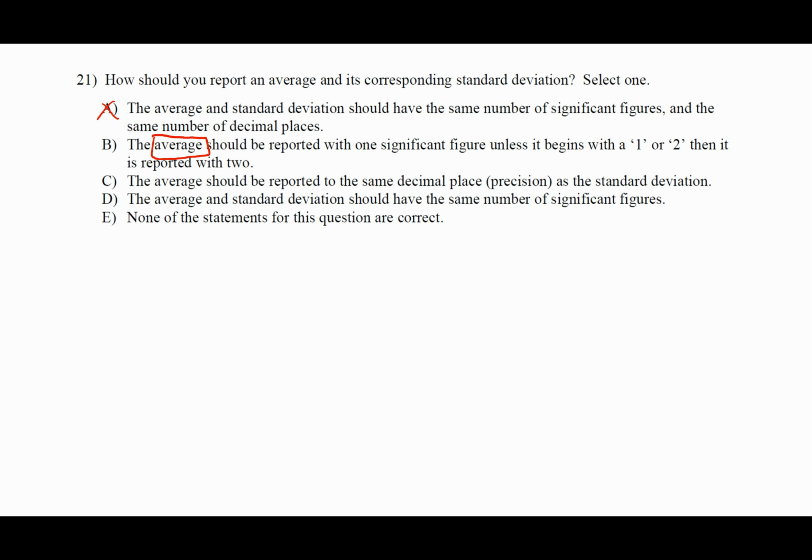The average then should match that precision, so false. The average should be reported to the same decimal place or precision as the standard deviation. This is true, right? That's rule number 2. The average and standard deviation should have the same number of significant figures. Absolutely not. None of these answers are correct. No, because we have one that is correct.